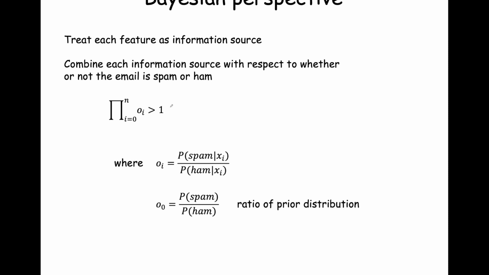So we multiply together these different indicators, and check whether or not they're greater than 1. And as an information source, we're looking at the probability of spam given each one of these information sources, each feature. And so we express this as a ratio between the two conditional probabilities, probability of spam given feature i, xi, the indicator, divided by probability of ham given xi.